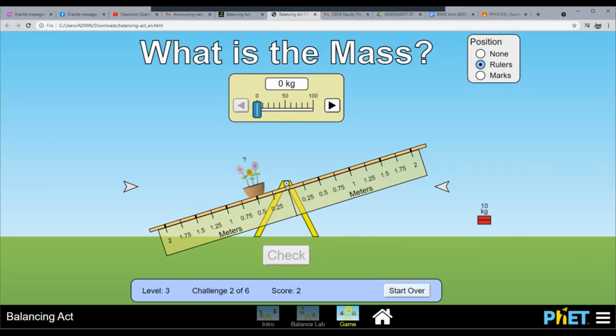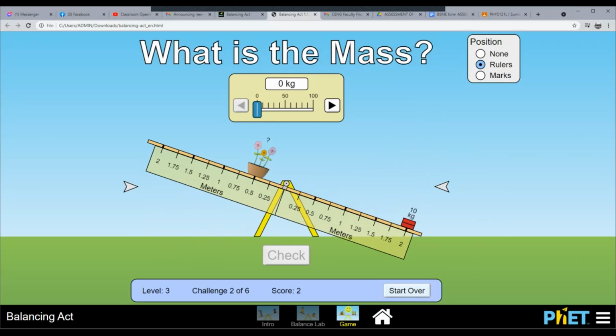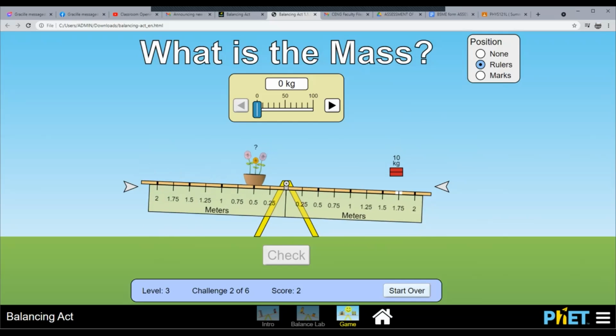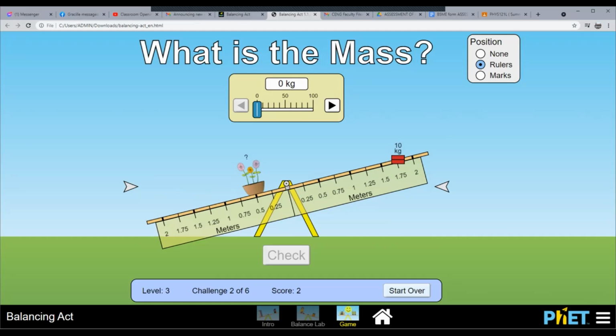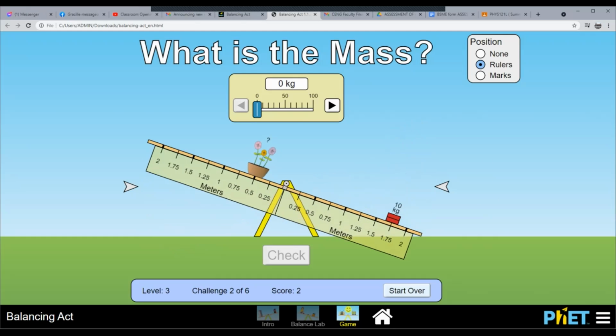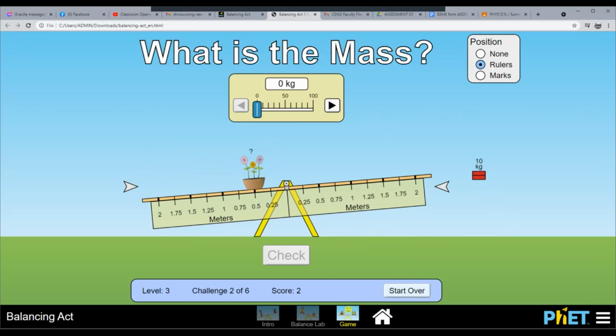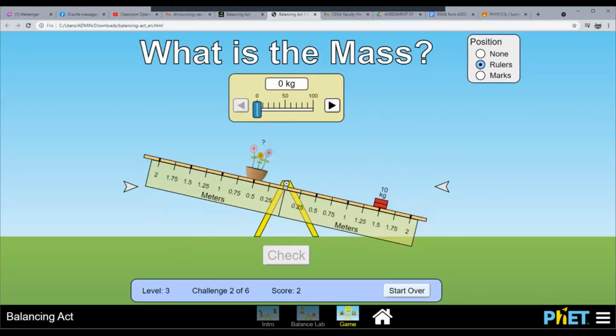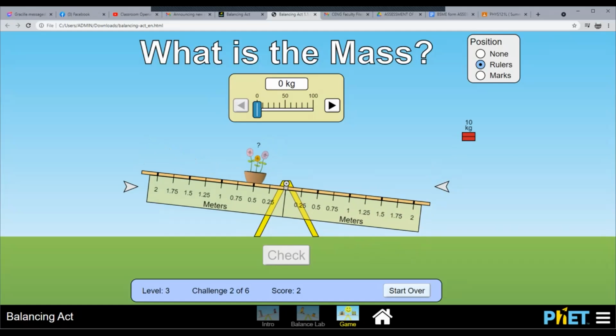If we have here 10 kilogram, this would happen. 1.75, this would happen. At 1.5, okay.